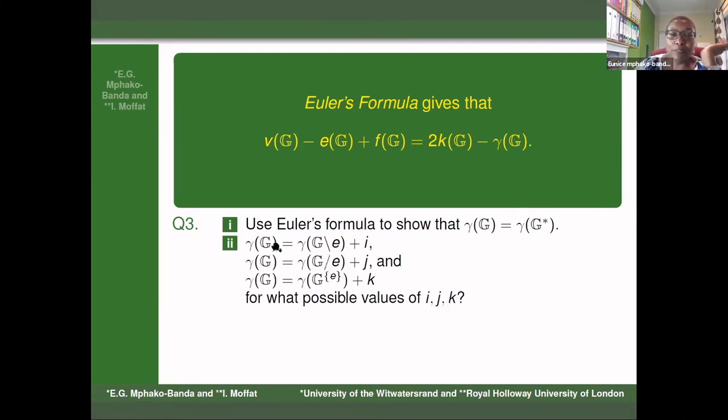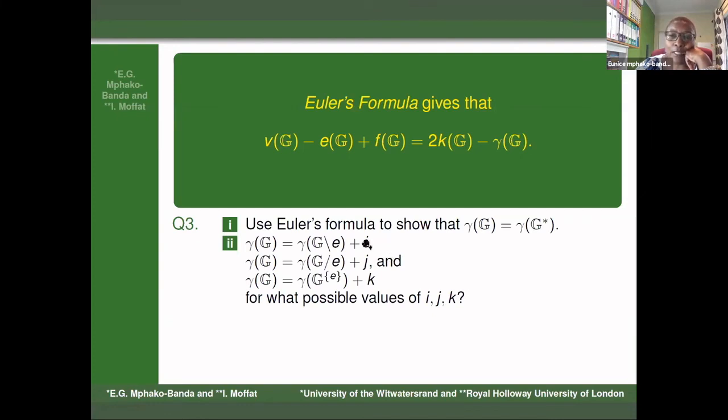And in this part 2, you have the Euler genus of G is equal to the Euler genus of G delete E plus I, and it is equal to the Euler genus of G contract E plus J, and it is equal to the Euler genus of the partial dual of G with respect to E plus K. So for what possible values of I, J, K are all these equal to the Euler genus of G?